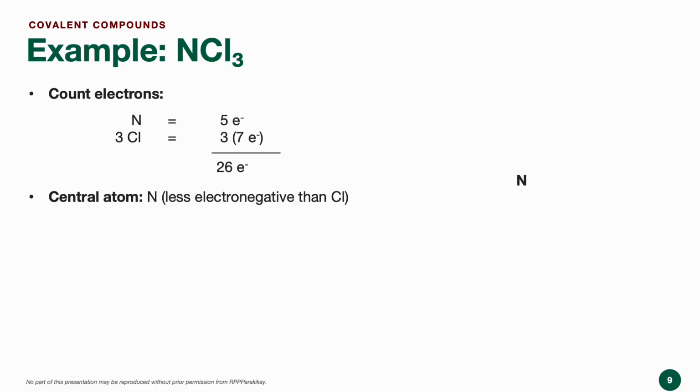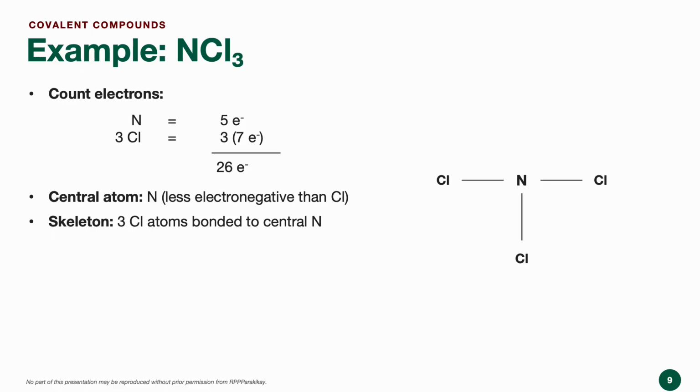Step 3, the skeleton will be straightforward: 3 chlorines arranged around the central nitrogen. And step 4, 3 single bonds connect them, which uses up 6 of our 26 electrons. So minus 6, we have 20 valence electrons left.